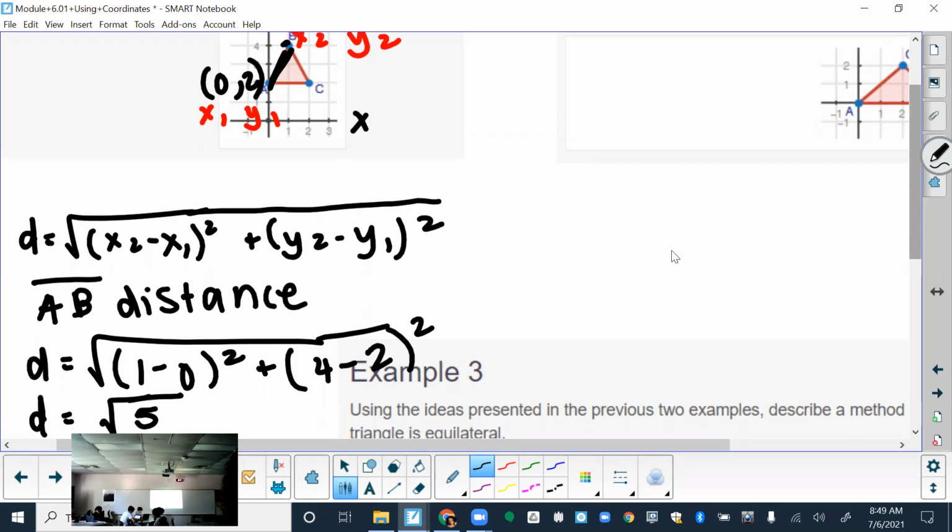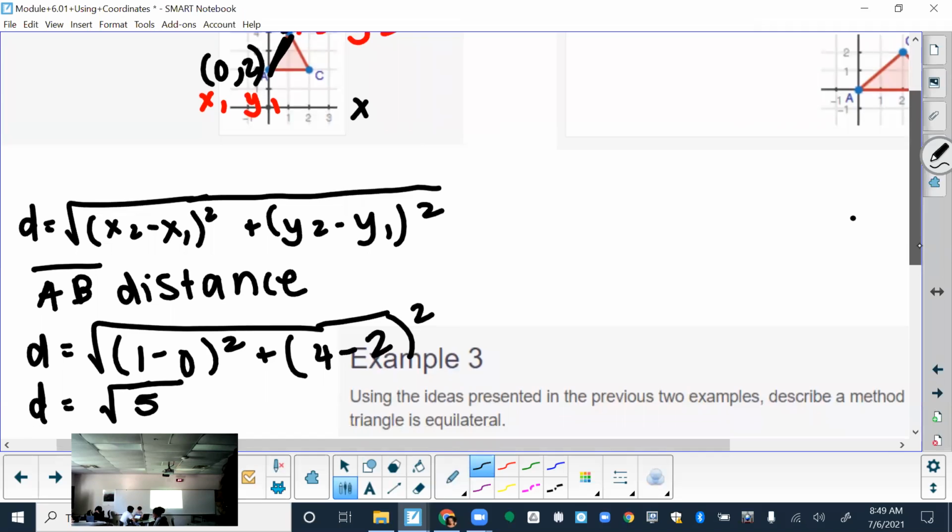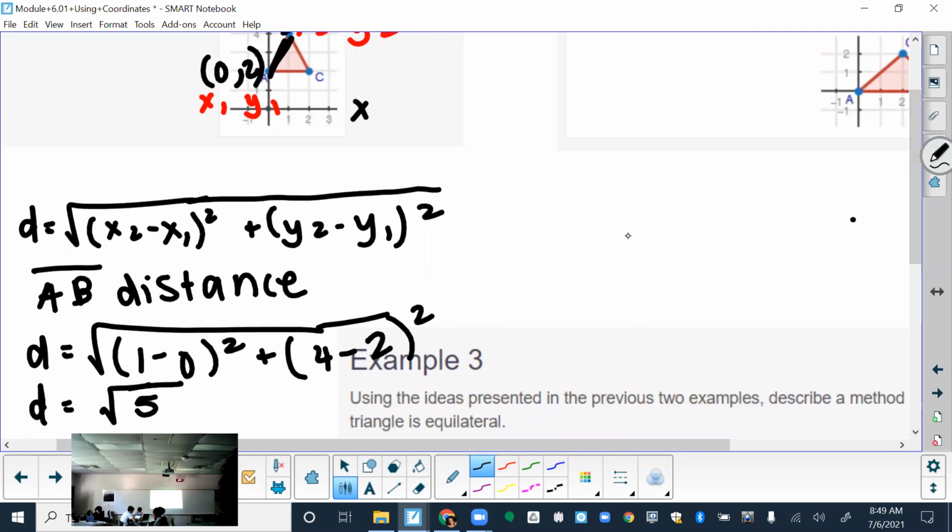All right, so that's my AB distance. To be an isosceles triangle, I still need to find the distance for BC and the distance for AC. Because even though I have two sides the same, maybe BC ends up being the same distance, I still have to confirm that AC is a different distance. Because if they're all the same, what kind of triangle would that make? Equilateral.